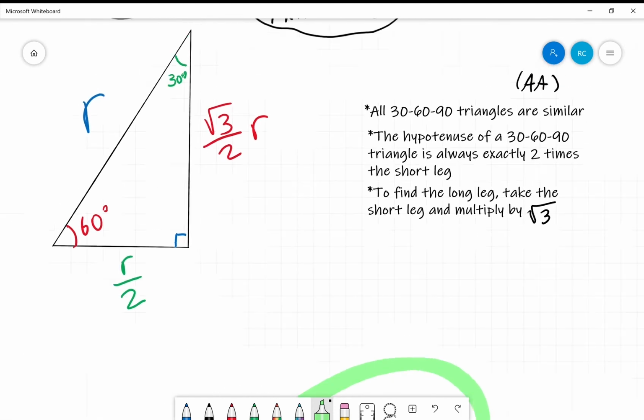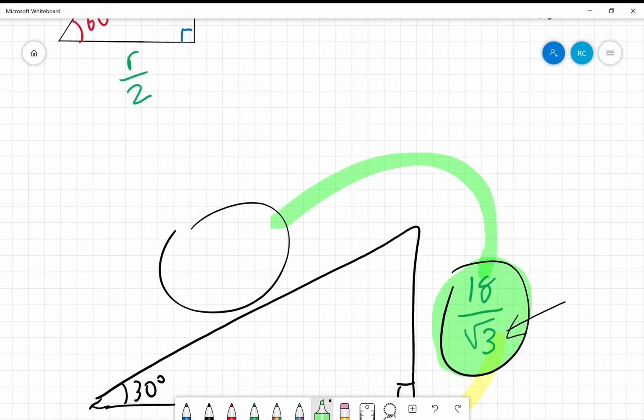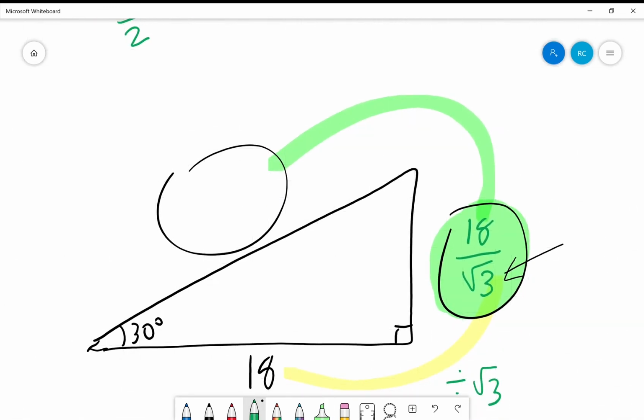Well, according to my notes, the hypotenuse is always exactly 2 times the short leg. So I'm going to take the short leg, which is 18 divided by the square root of 3, and I'm going to multiply it by 2. Now, here's a question.